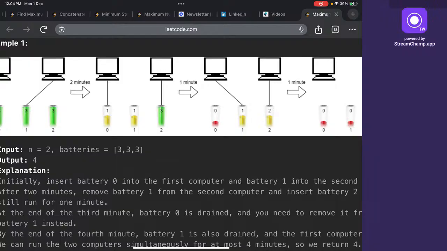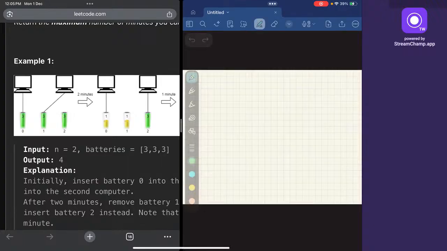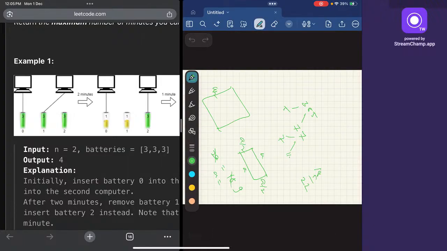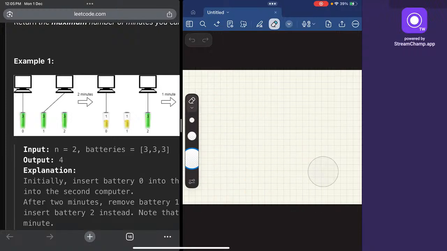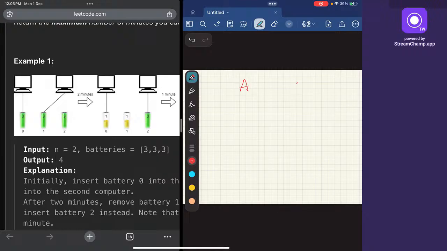Let me just try to draw it and explain it. Sorry, there are only two computers. Computer A, computer B, and we have batteries with capacity 3, 3, 3. The first computer will connect to the first battery, and the second to the second.